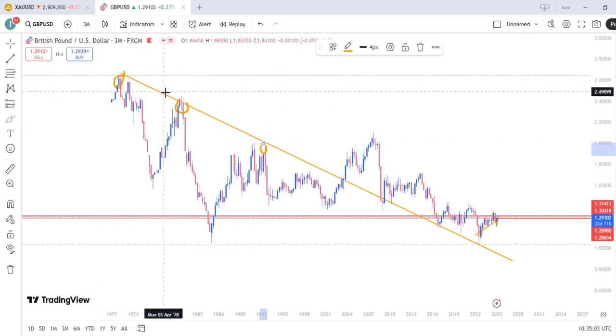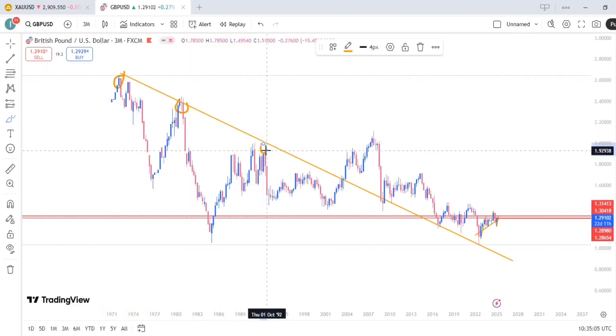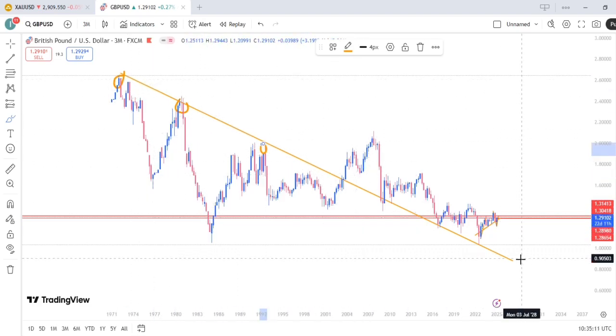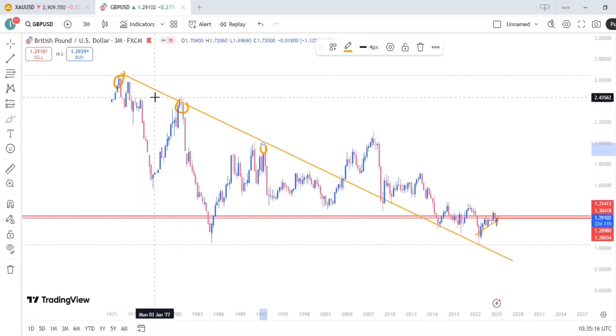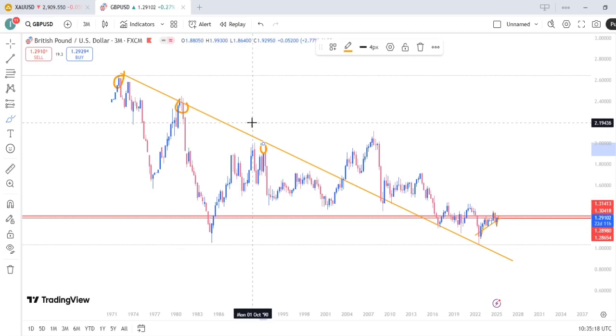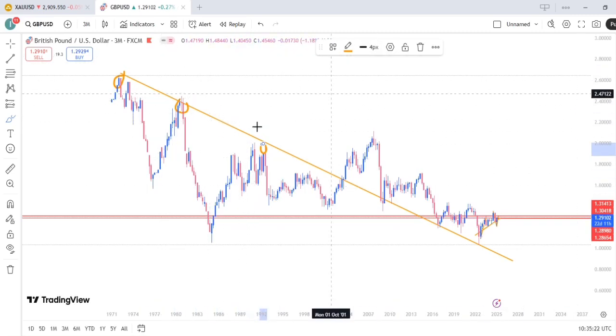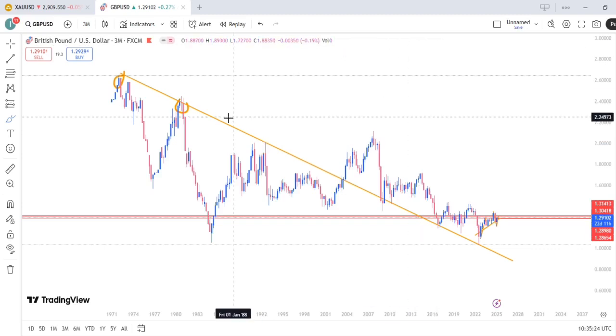So where you have 1 or 2 or 3 points connecting at the same time, and you draw your line in whatever direction it's going, then you know that you have your trend. So right now we have this point, and this point, and then we can see that it's going in a downtrend. Okay, so now that we have identified that price is going in a downtrend in the market right now.